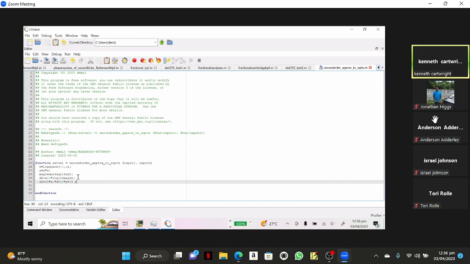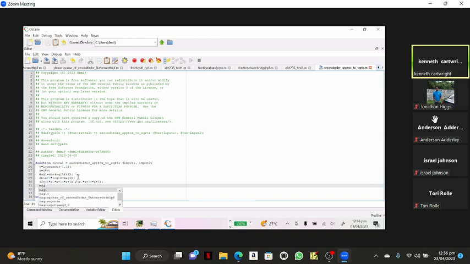Dot divide S dot times S plus 10 times S plus 5. So this is the second order approximation. Okay. And so I want the magnitude of that. Magnitude 2 equals ABS of Z2.